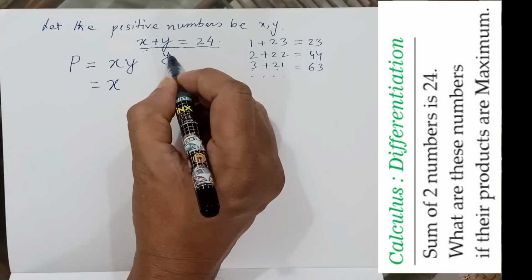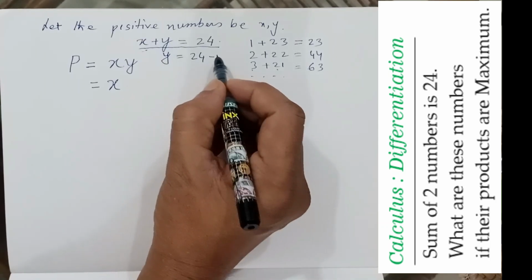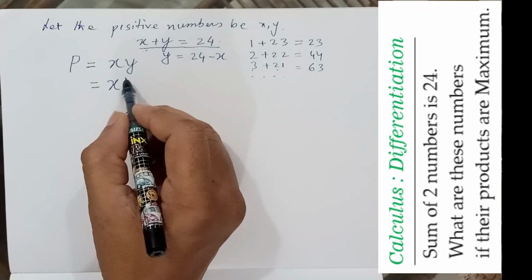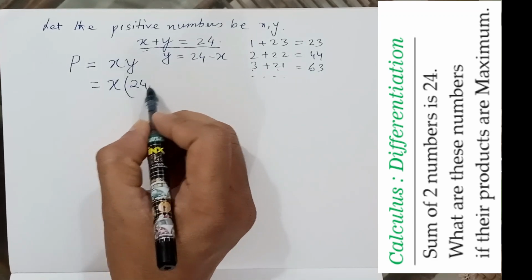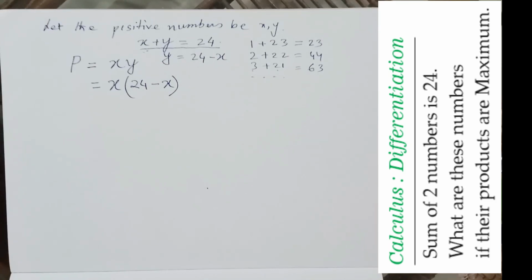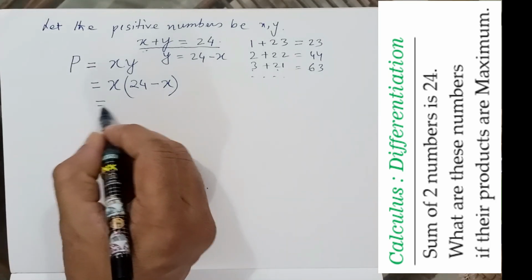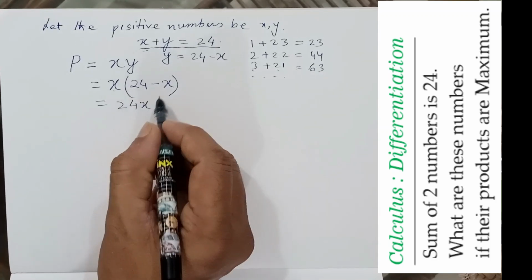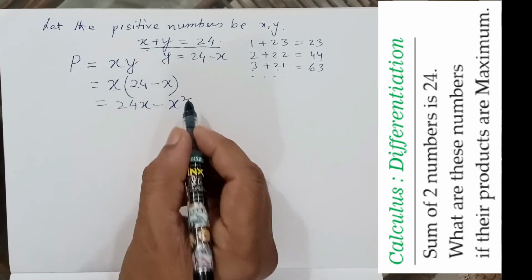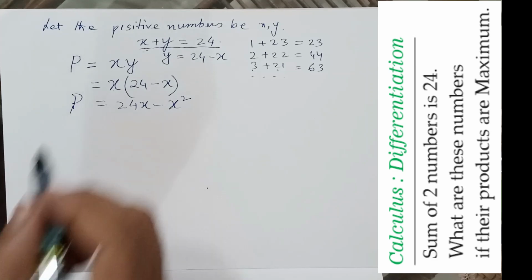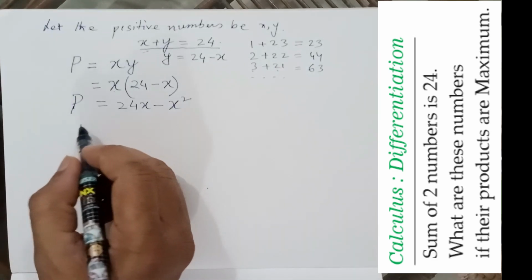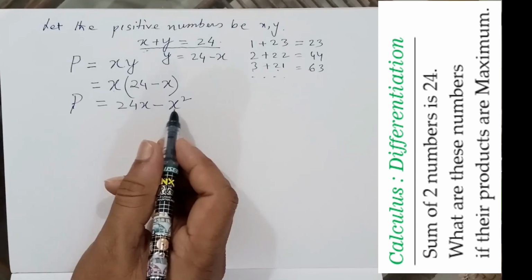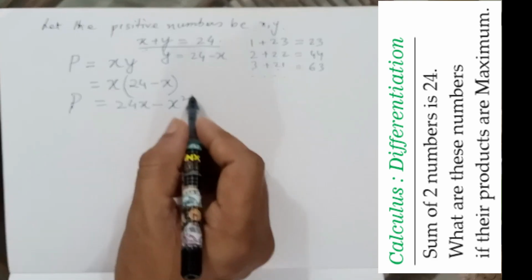So y is 24 minus x. Then we replace the value of y here. Once it is done, if we multiply, it will be 24x minus x square. Now we have to maximize this product P. Differentiating, P has now become a function of x, and this function you have to maximize.